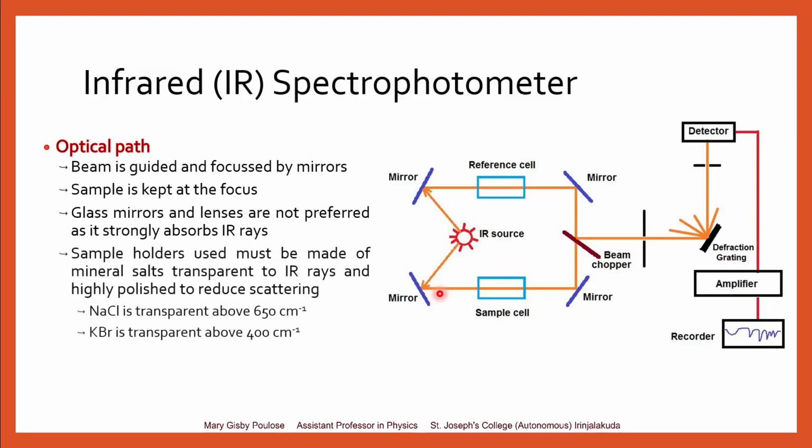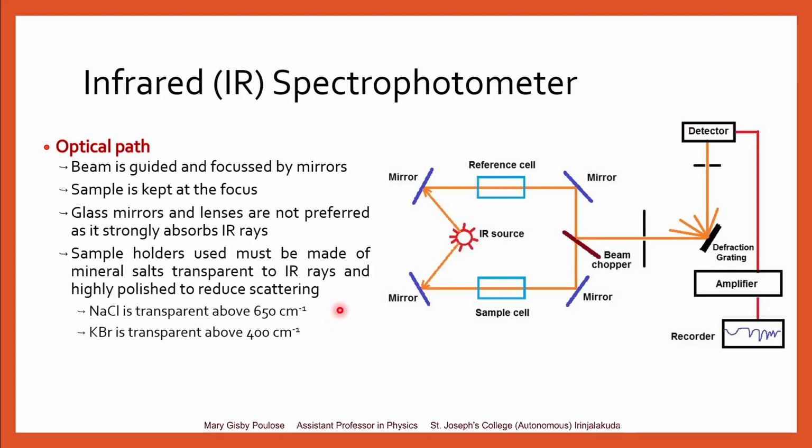So instead of glass mirrors and lenses, we use holders or mirrors made of mineral salts. Mineral salts are transparent to infrared rays and they are highly polished to reduce scattering.